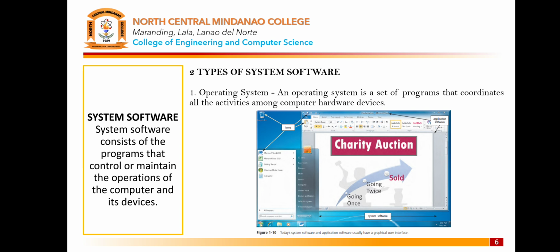When we say operating system, this is a set of programs that coordinates all the activities among computer hardware devices. Since system software consists of programs, this operating system, or what we call OS, is also a set of programs that coordinates all the activities.